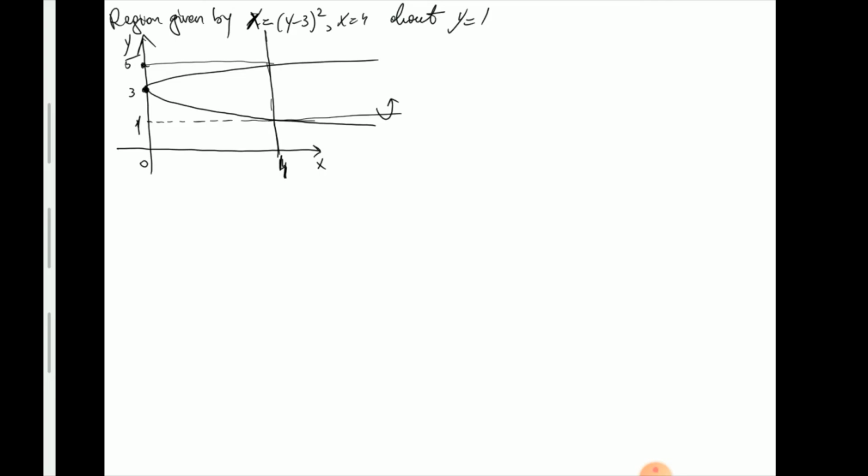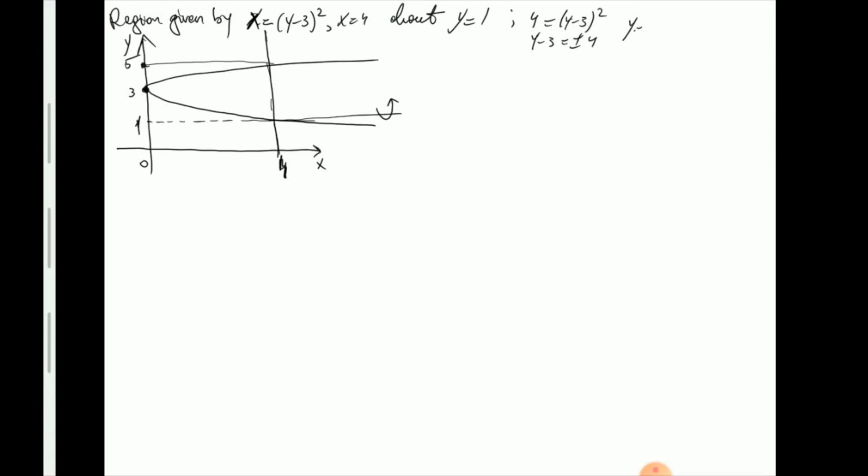And if you cut the parabola with x equals 4, if you replace x with 4, you get two values for y, right? Because when you take the square root, y minus 3 is plus minus 2.